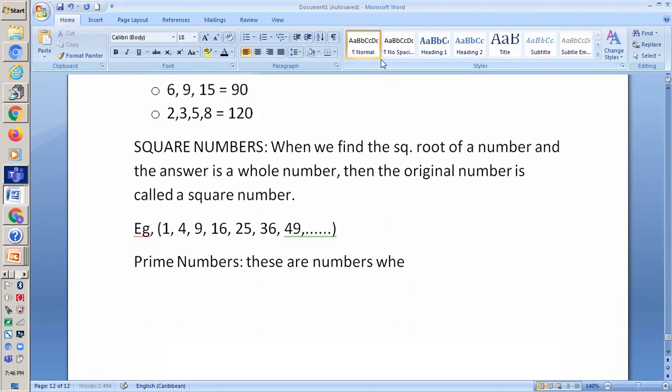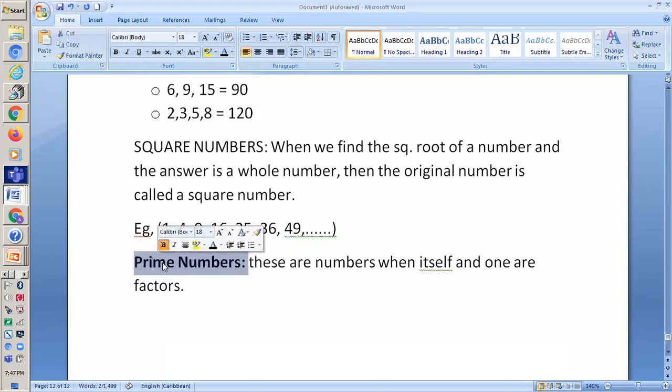So prime numbers are numbers where itself and one are the only factors. Now sometimes persons mix this up with odd numbers.